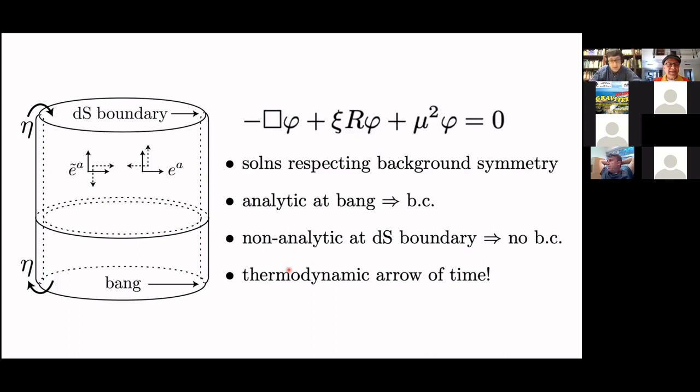So this gives a very elementary possible explanation for that: demanding that the matter fields in the universe respect the symmetry and analyticity properties of the underlying spacetime implies that they satisfy a very restrictive boundary condition at the lower boundary, but no boundary condition at the upper boundary. So it's exactly the conditions you would need to explain the arrow of time.